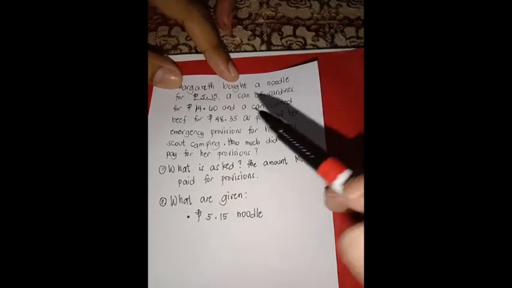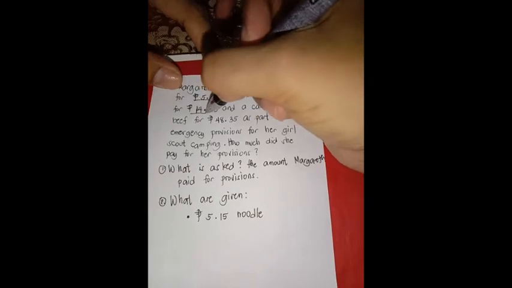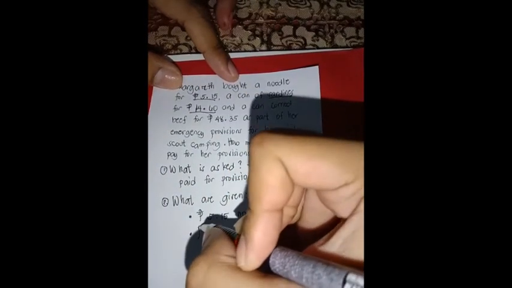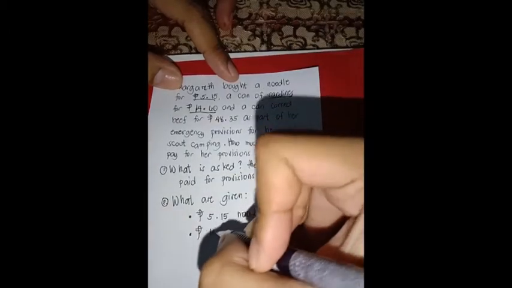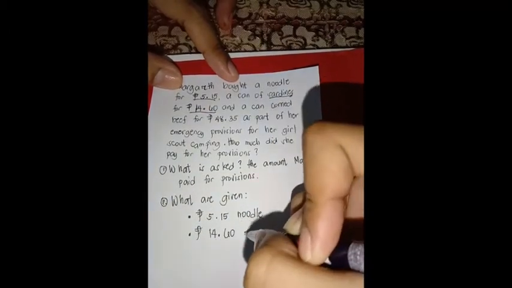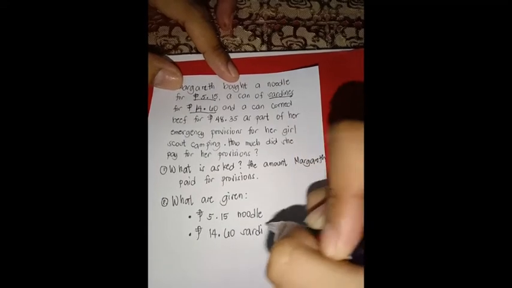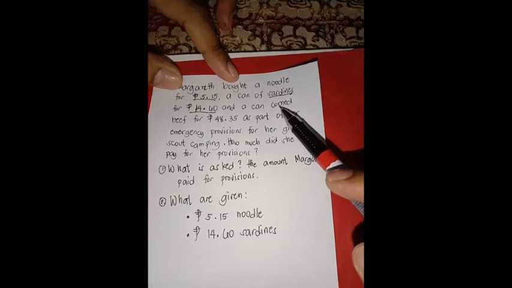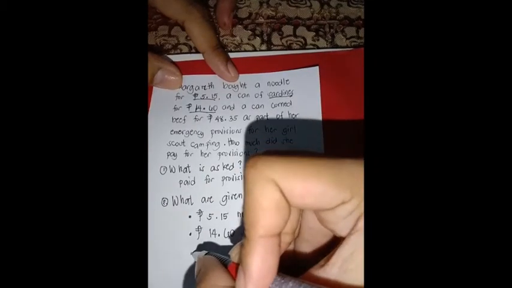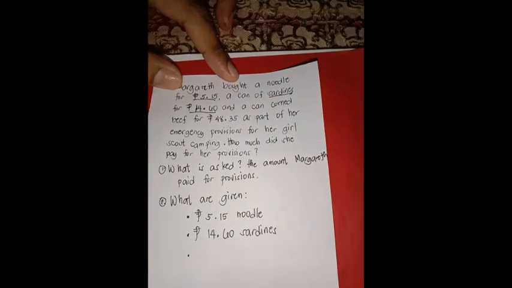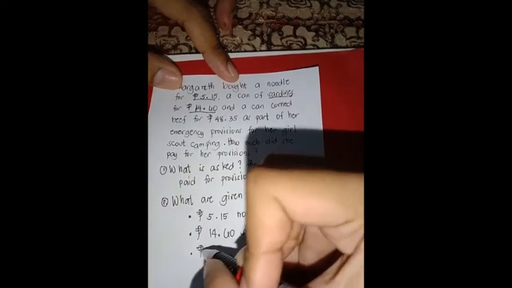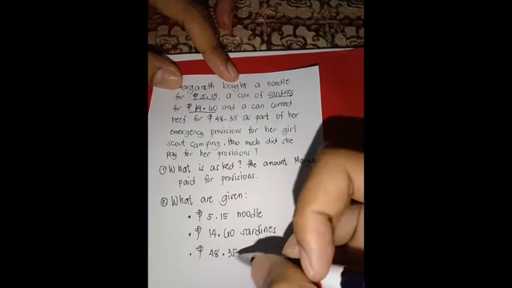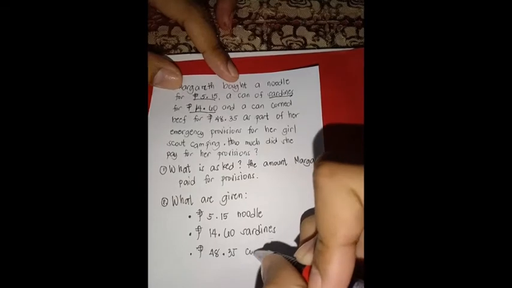Then she bought 14 and 60 centavos for sardines. So meron din siyang sardinas which costs 14 pesos and 60 centavos. Next is the corned beef, for 48 and 35 centavos.